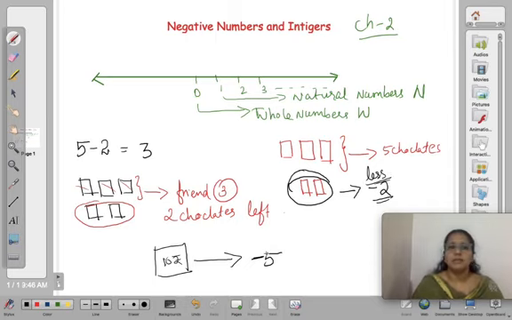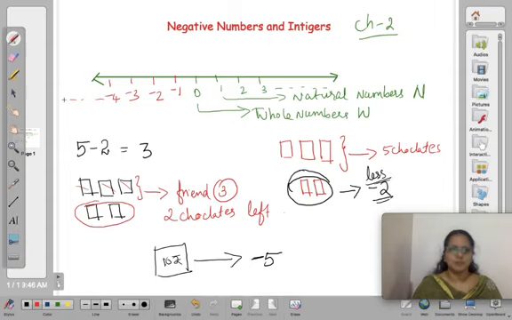Those imaginary numbers are called negative numbers. It is always missing. That is, you are missing -1, you are missing -2, you are missing -3, you are missing -4, etc. These types of numbers are called negative numbers.